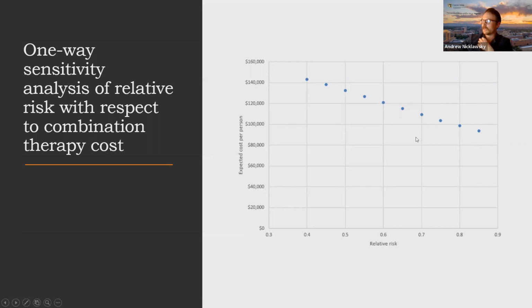So you can see, maybe as you would expect or as you don't expect, that actually it's more expensive to have this combo therapy being more effective. However, that's not the point of our analysis.